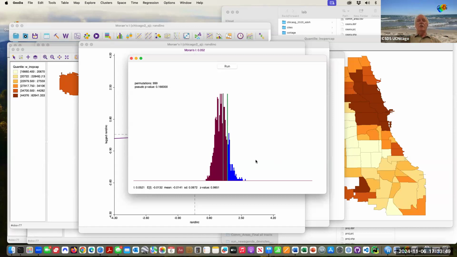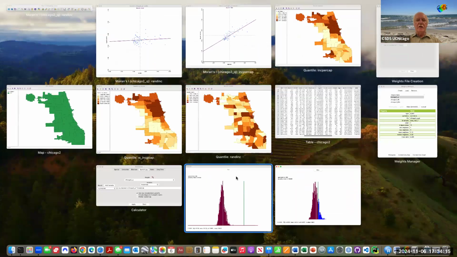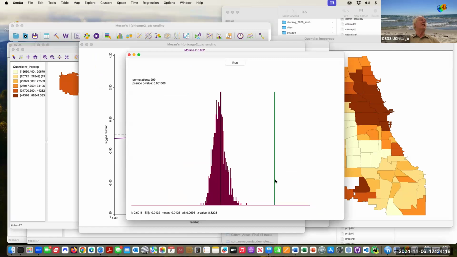Right? So that is the logic behind this pseudo p-value. It's a shortcut to say, well, here's our green bar, how much is larger than or equal to our green bar in a spatially shuffled world. If this green bar is in the middle of the browns, you have no or very little evidence of systematic patterning. If, on the other hand, like we had here, the green bar is way outside, we do have evidence of systematic patterning.